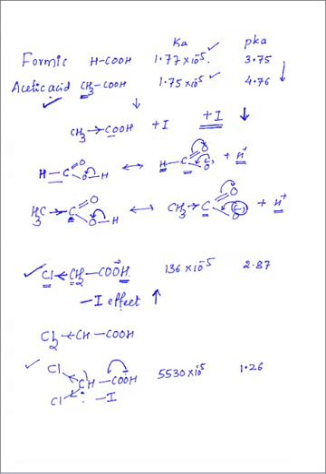We'll take another example, C6H5COOH. Benzoic acid has Ka value 6.46 into 10 raised to minus 5, whereas pKa value is 4.19.